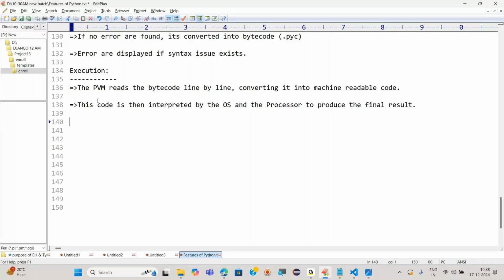Am I clear with this? Okay. And the third is interpretation based language.